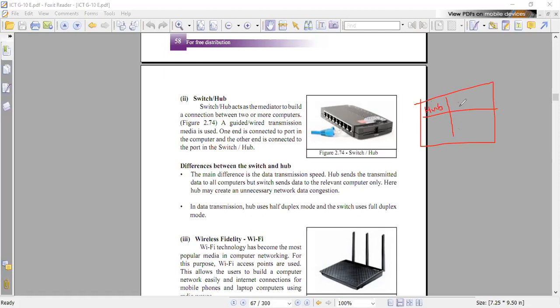This side you write switch. Okay, create a table.